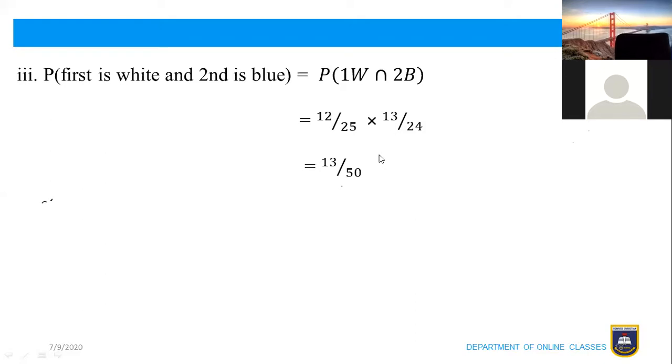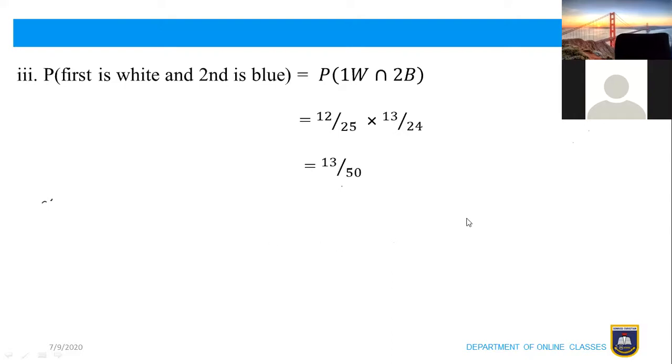The first white ball is 12 over 25, and the second white ball is 11 over 24. Since they are all in the same bag, we've removed two balls, so you subtract 2 from 25, which is 23. So the first blue ball is 13 over 23, and the second blue ball is 12 over 22. And I had 39 over 575. Yes. All right, that's your answer.